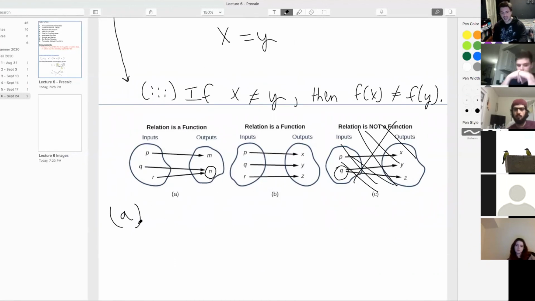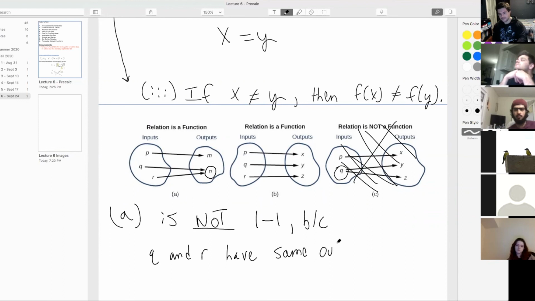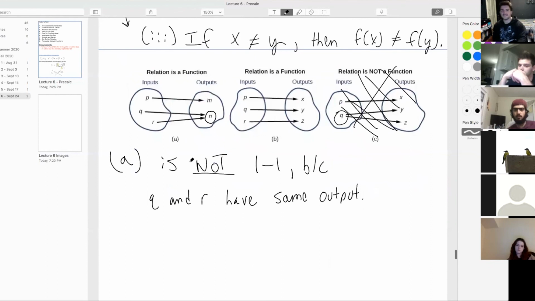So A is not 1-1 because Q and R have the same output. Q and R are distinct elements in the domain, but they have the same output. So that violates one-to-one.